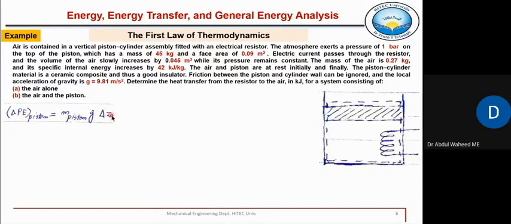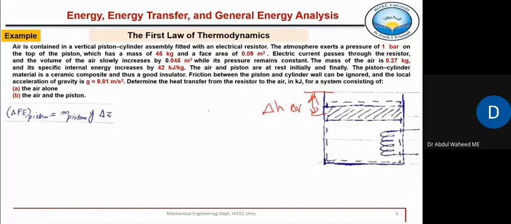Now delta Z, we need to find out how much is the change in height. That is not given. What is given? Volume is given. This change in volume is given. From this change in volume, we can find out the change in height, because during this volume change, there is a change in height h, or delta Z.